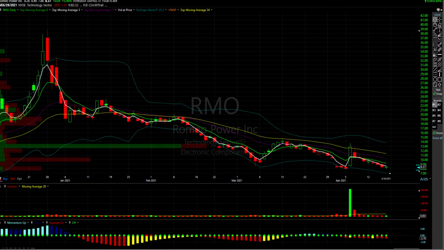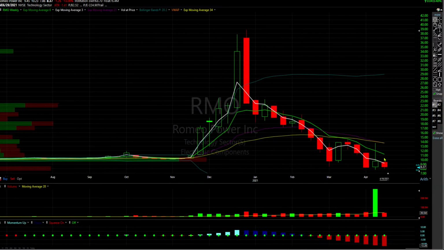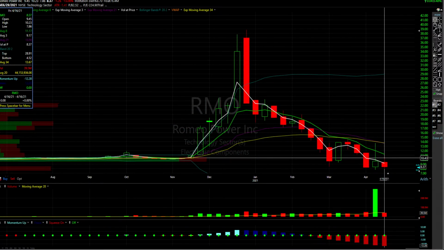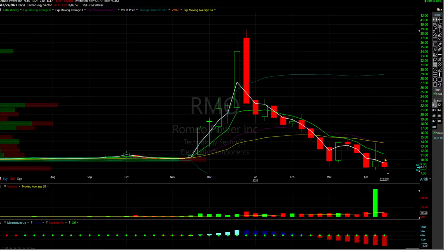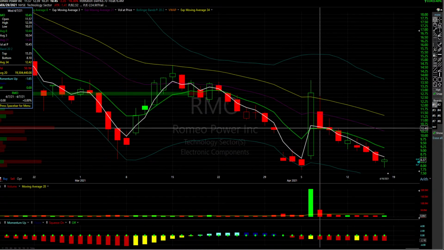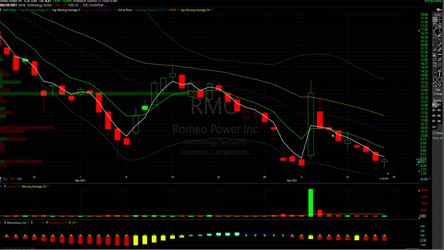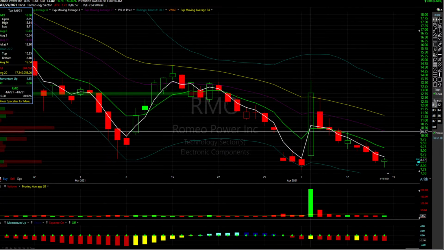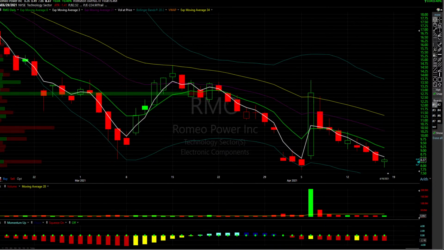All right, so the float rotated twice here, right? And so let me see. Last week you did 40% of the float rotated. So there's 50. So what I want to do on RMO is I need to find an anchored VWAP off of this float rotation play.